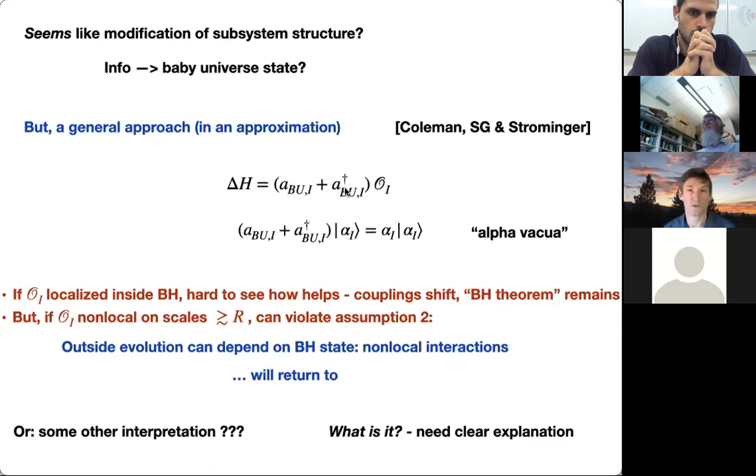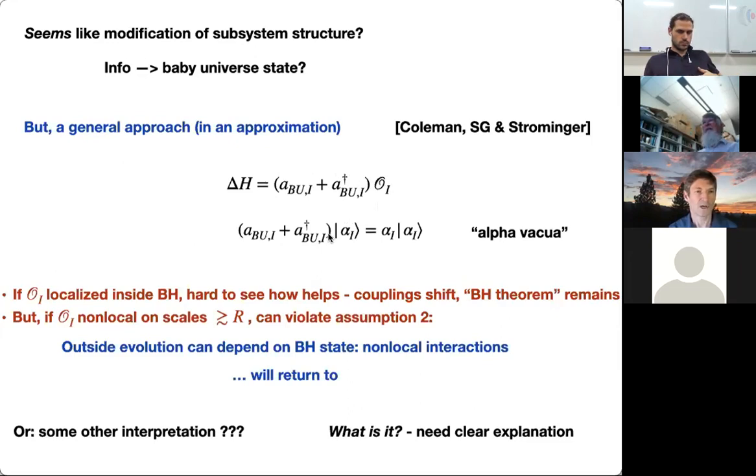So it acts on the baby universe part of a new Hilbert space of baby universes, and then times an operator that summarizes the effect on our state in our universe. This is an approximation where the baby universes don't interact. You have just a term of this kind.